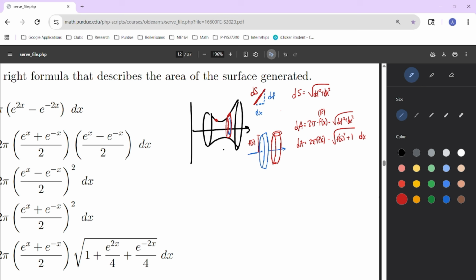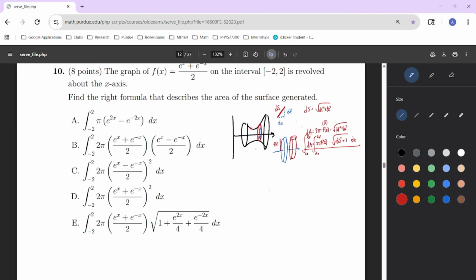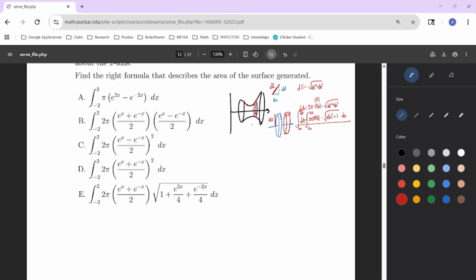So this would be the area of one of these cylindrical shells, and obviously to do the entire shape, you would integrate both sides, starting from x initial all the way up to x final on both sides. So let us use what we have here and then solve for which one of these formulas might be the correct one. As you may notice, we need to find both f of x and f prime of x.